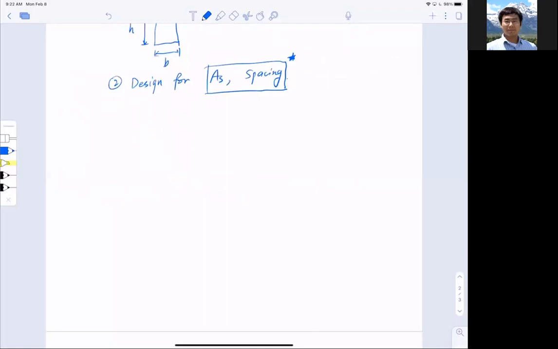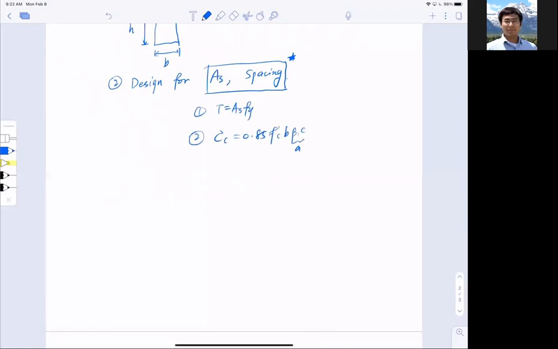So what we do, first thing is we assume yielded, As fy equal to the tension force. We bring into that equation that Cc, concrete compression, equal to 0.85 f'c b beta 1 c, or this is a.